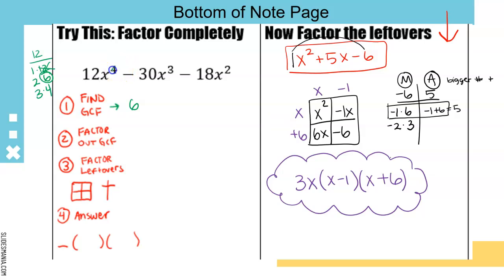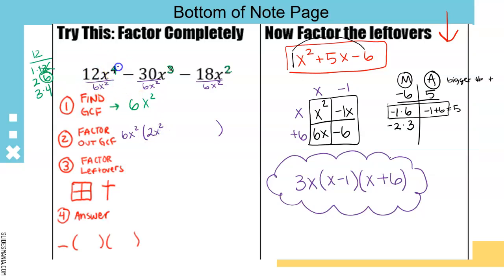So 6 is a part of my GCF. Then my smallest power of x between these three powers is x to the second. So my GCF is 6x to the second. I'm going to divide all of these terms by 6x to the second so I can find my leftovers. So my first factored form is going to be 2x to the second.